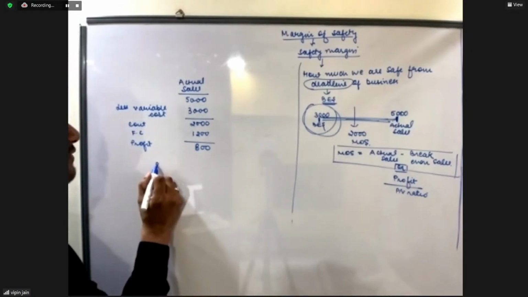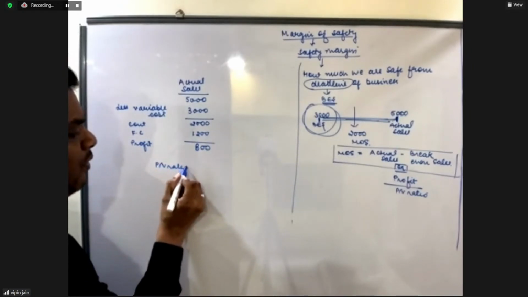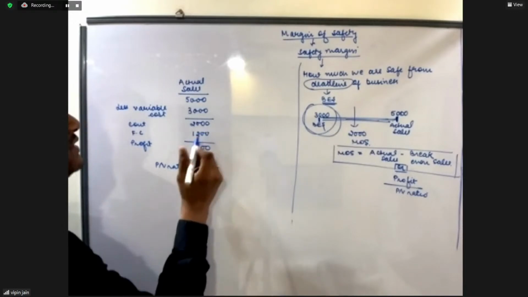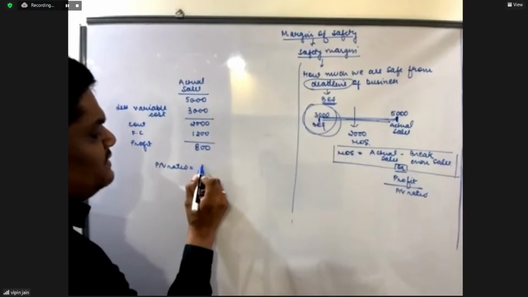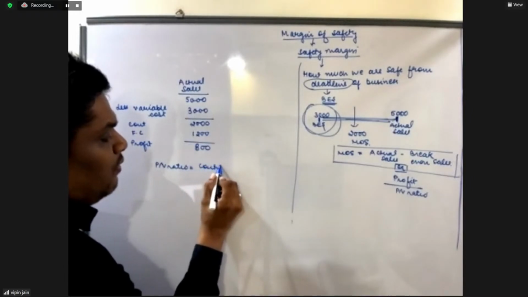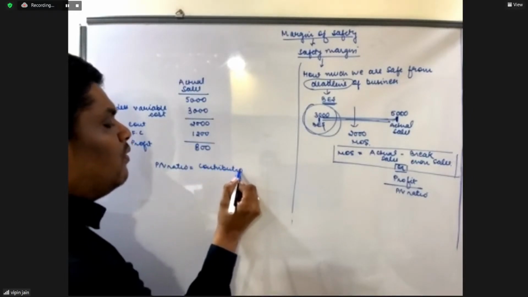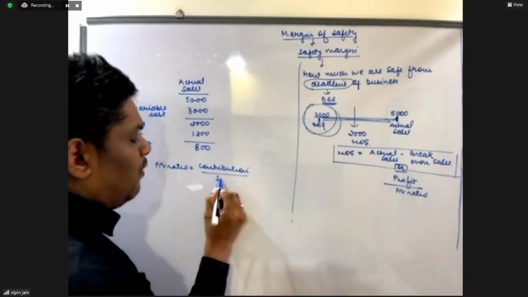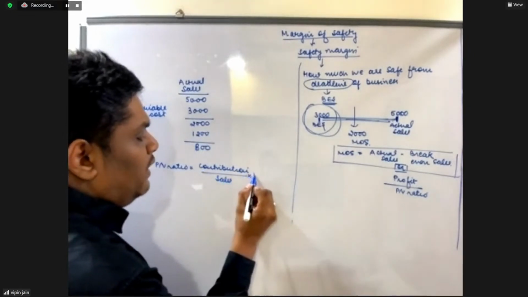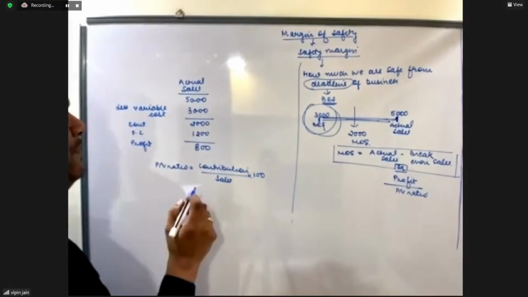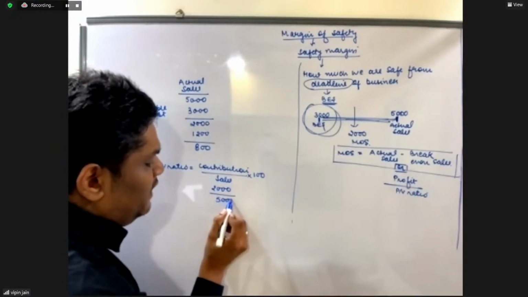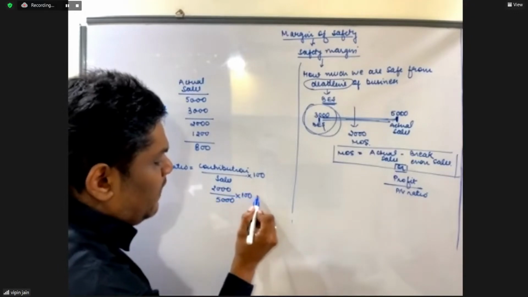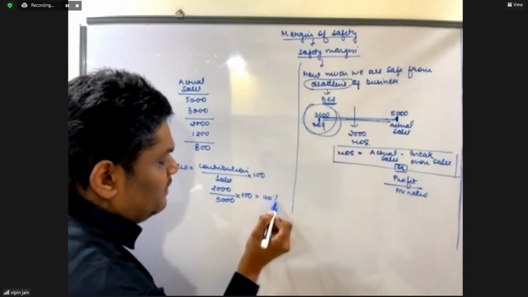When talking about the PV ratio, it is contribution divided by sales into 100. So my PV ratio will be 2,000 divided by 5,000 into 100, that is 40%.